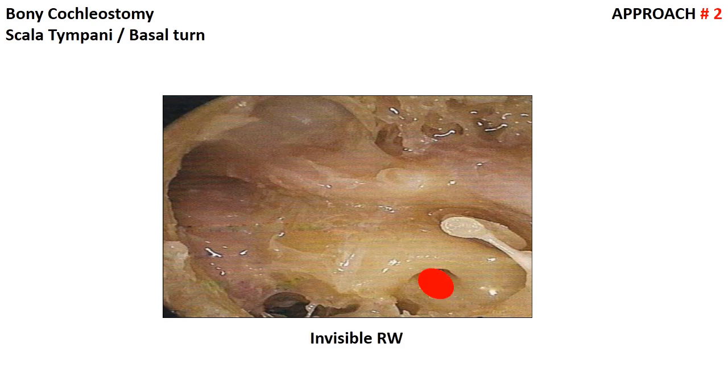If you don't see the round window and you don't have a landmark to do the cochleostomy, you keep the footplate of the oval window as a reference and drill your cochleostomy around 3 mm inferior to the anterior cusp of the footplate. So you stay away from the cochlear duct and scala vestibuli.